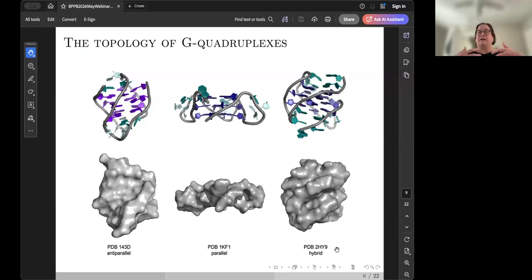havoc there. We have studied these G quadruplexes for some time, and they've been heavily studied with sequencing methods to look in the genome for potential regions where we find these G-rich zones that could form these transient secondary structures.